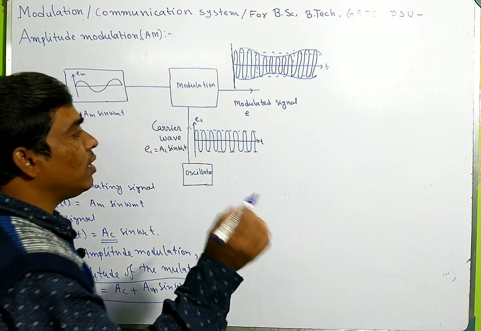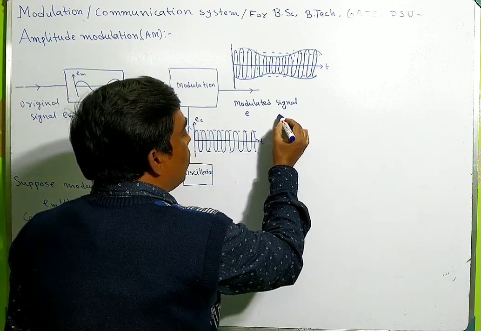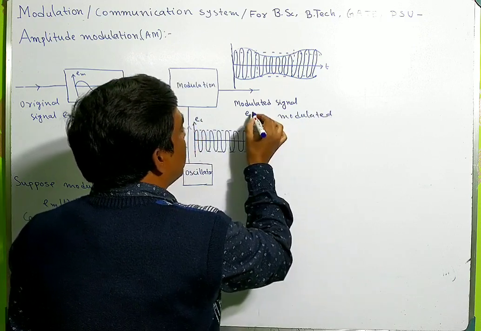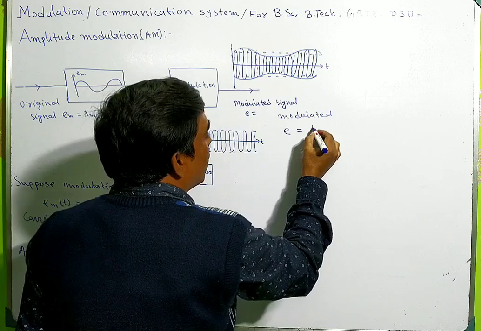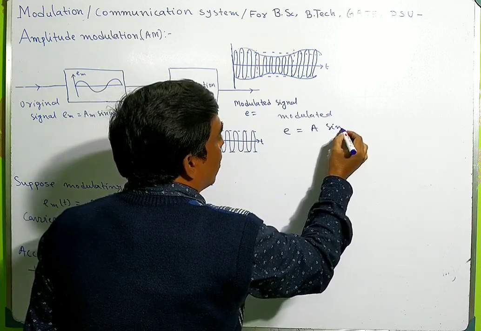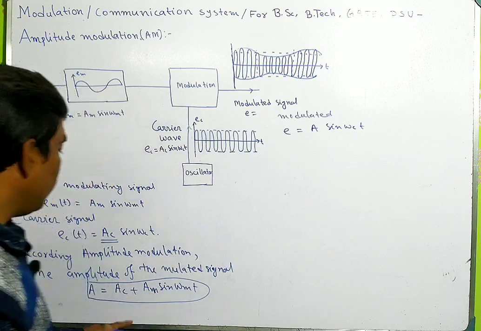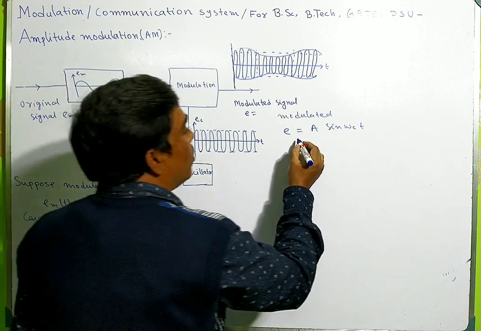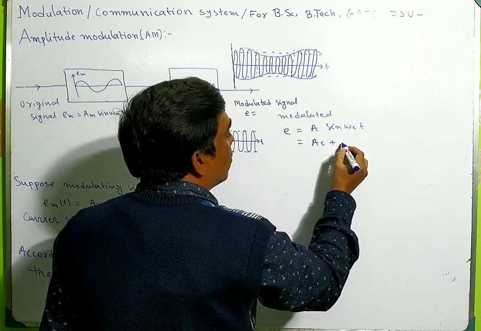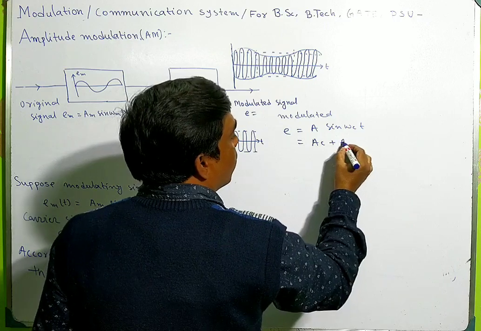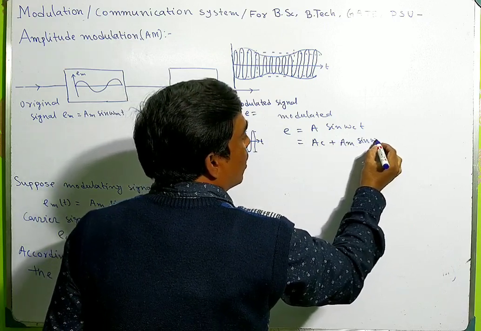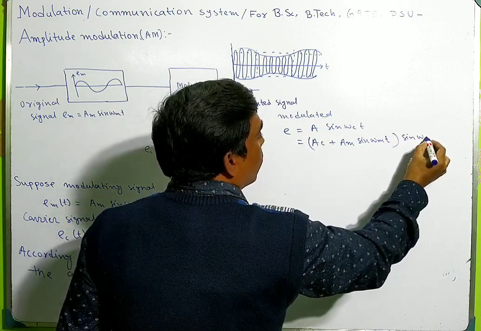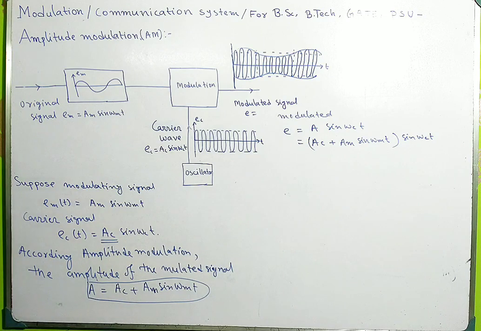So what is the modulated signal? Suppose this is the modulated signal. E is given by A sin omega_c t, where A is A_c plus A_m sin omega_m t. So E equals (A_c plus A_m sin omega_m t) into sin omega_c t.